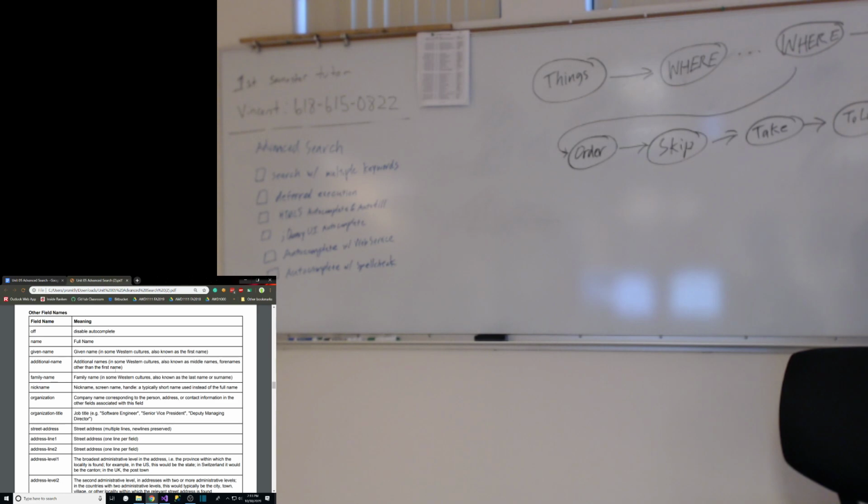And then additional name would be your middle name. The other thing to know about: are you aware that there are cultures in the world that have more than 3 names? In fact, there's somebody that I know, I think he was born in Kenya, and he's got 10 names.